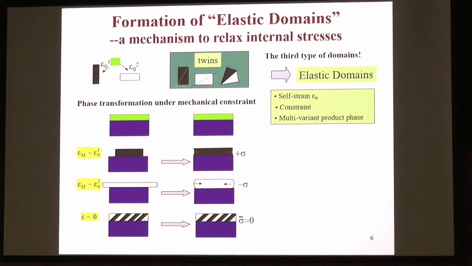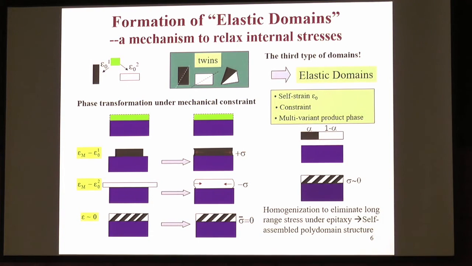But the constraint here is really the key. Why we call it an elastic domain for the a and c domains in tetragonal is because it is really the elastic constraint that gives you the driving force for the formation of the polytwins. So to put it in a single sentence: homogenization to eliminate the long-range stress field under epitaxy leads to the formation of the self-assembled polydomain structure.